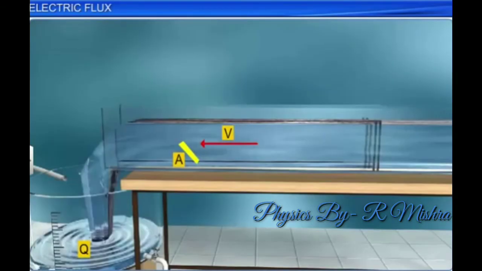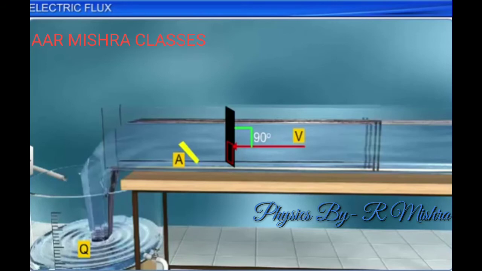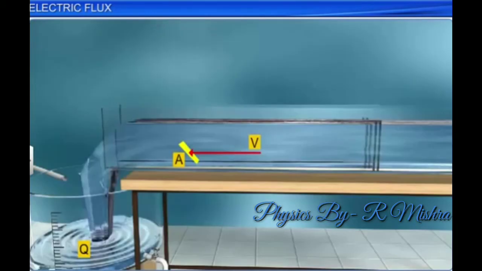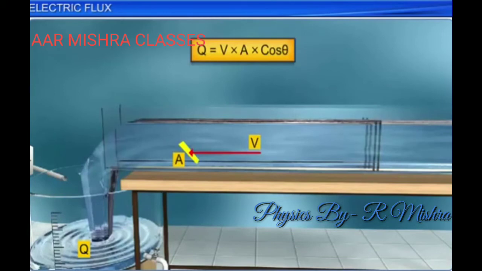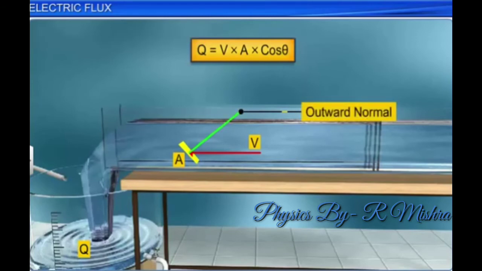In the event A is not perpendicular to the direction of flow of water, we should take the projected area on a plane perpendicular to the direction of flow of water. Then, the equation will be modified to Q is equal to V into A cos theta, where theta is the angle that the outward normal to the plane makes with the direction of flow of water.